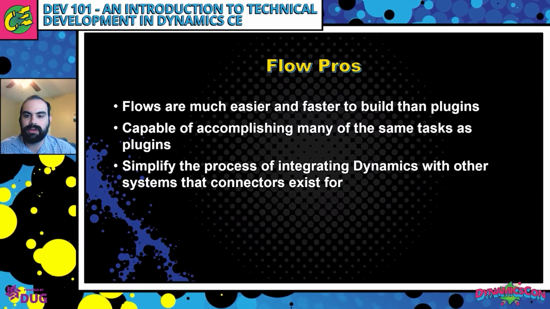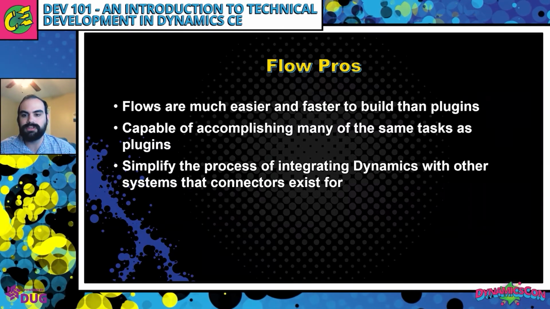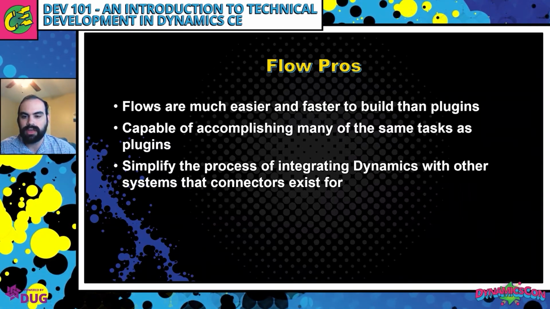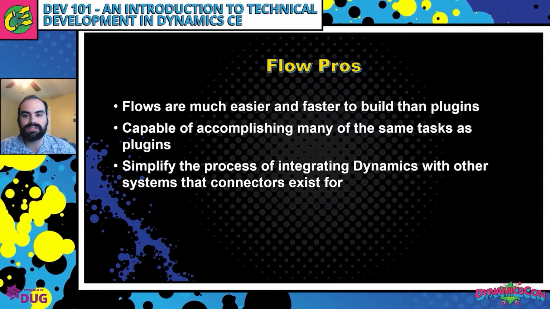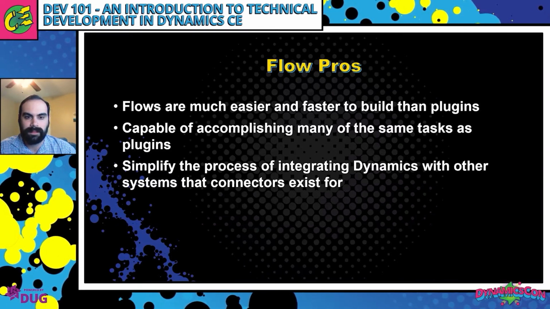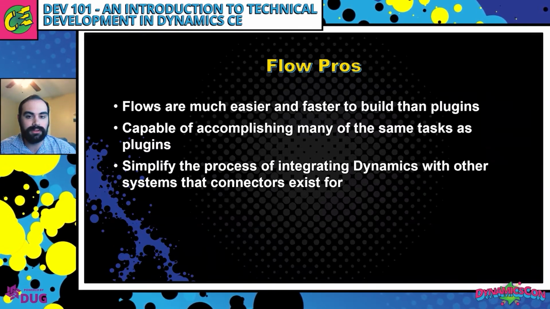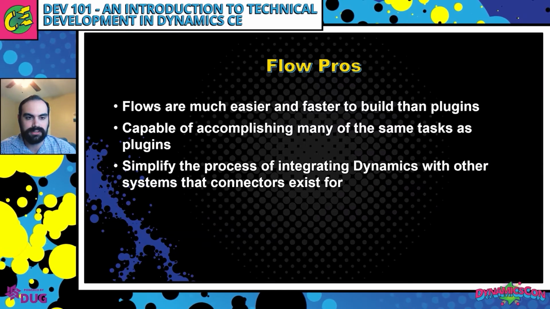Power Automate Flows have a number of important advantages going for them that have resulted in them finding increasing usefulness over the past few years, and they are quickly replacing other customization types like plugins for some use cases. For one, flows are much easier and faster to build than plugins of similar complexity.